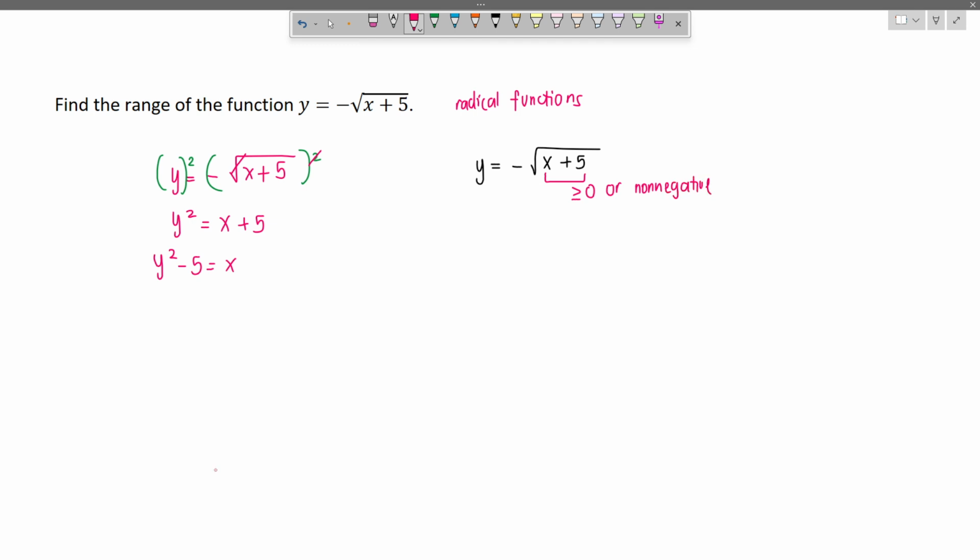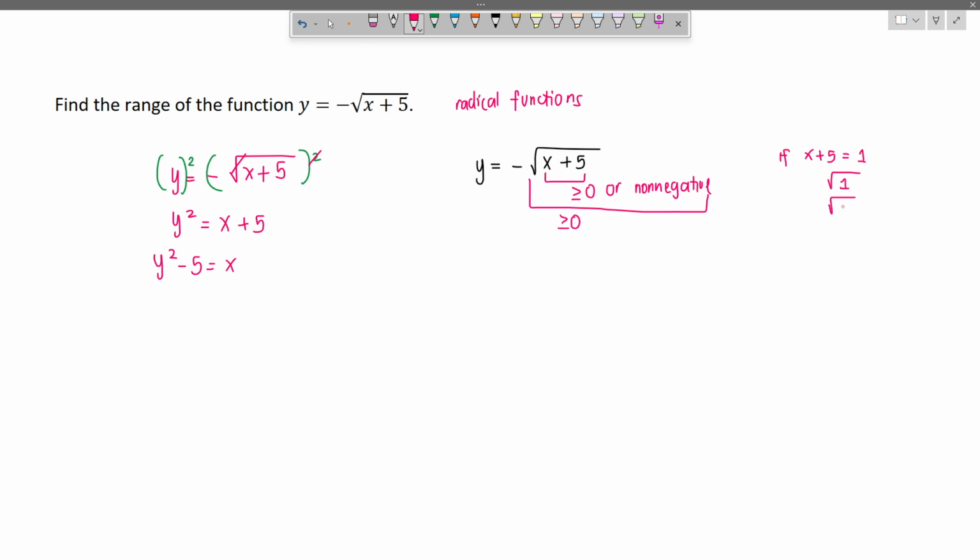Okay. So if you get the square root of any value greater than or equal to 0, then the result is also greater than or equal to 0, right? So for example, if x plus 5 is equal to 1, then the square root of 1 is positive, right?